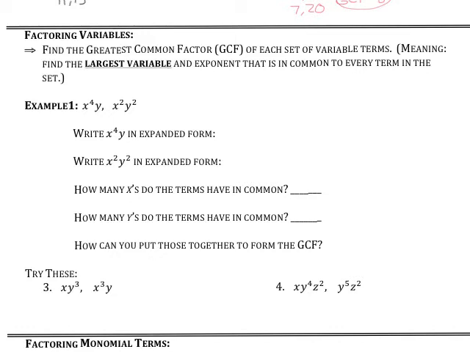Go step by step so that you can find the GCF of variables. Go ahead. Okay, so x to the 4th y in expanded form would be 1, 2, 3, 4 x's and a y. X squared, y squared in expanded form, x, y.